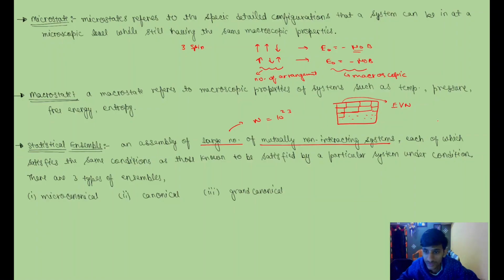While in the canonical system, in place of energy, we will be taking constant temperature. So all these will satisfy a similar condition. And in the grand canonical, you will have temperature, volume, as well as chemical potential. We'll study this in great detail.